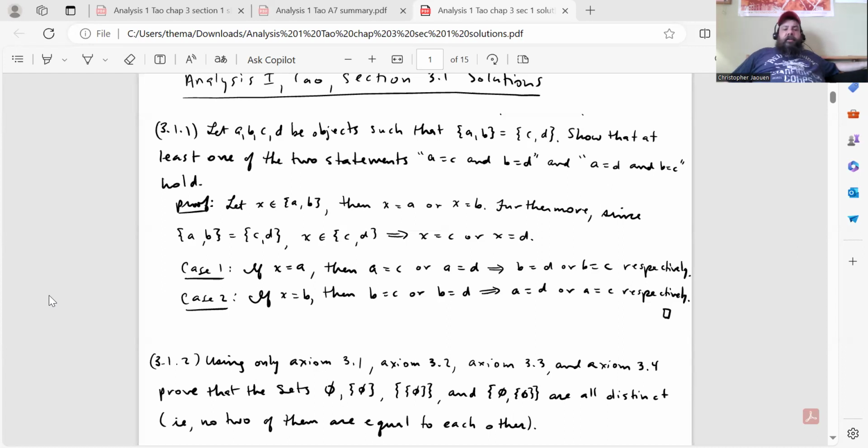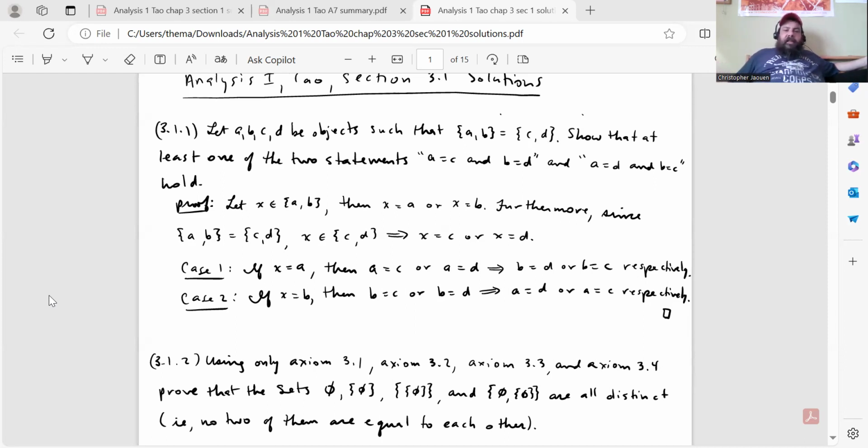And since the pair set CD containing C and D has X as an element, X has to be either C or D, right? Either one has to be the case. So I just take it in two cases. Case one, assume that X is equal to A. Then either A is C or A is D. That implies that, for example, if A is C, then B is D, because the two sets have only two elements in them, right?